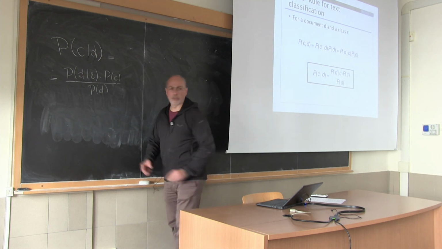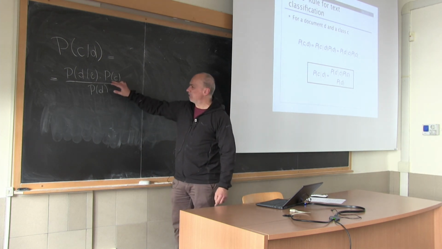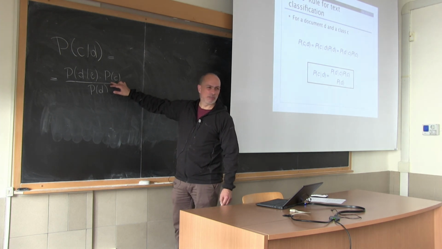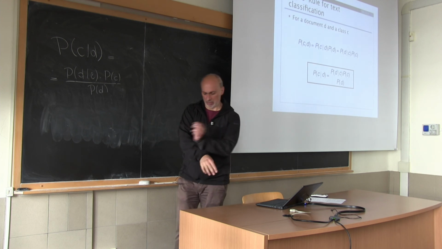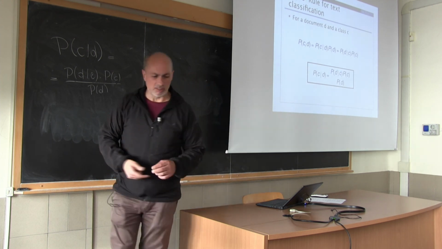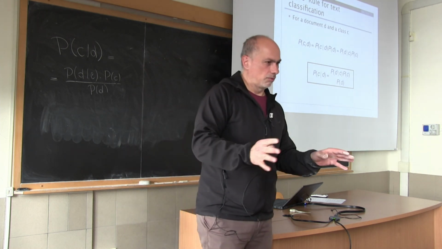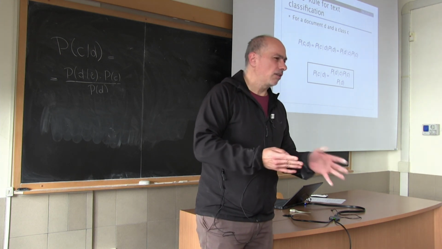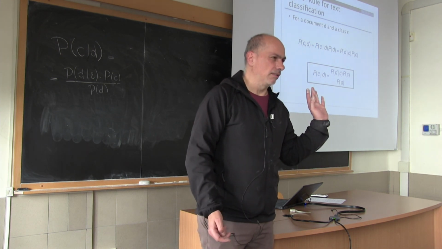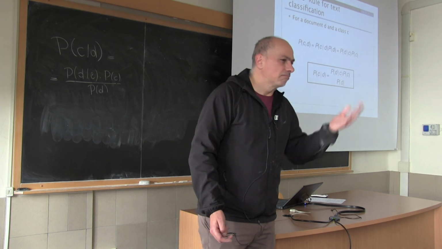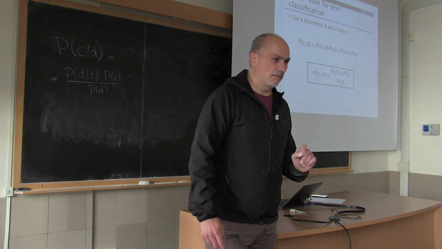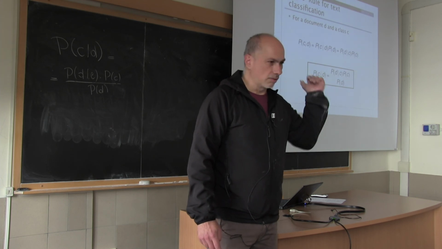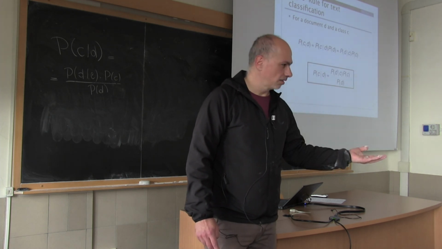So, the category of a document. The category of the document I am not very pessimistic about. Because if you have a training set which is already classified, you can estimate this probability with at least a rough estimate, the fraction of documents that belong to C in the training set, right?